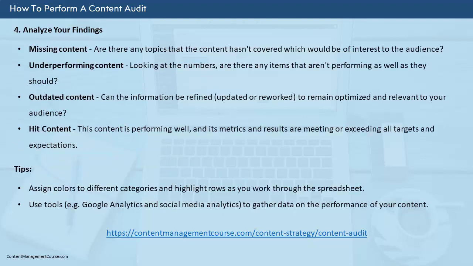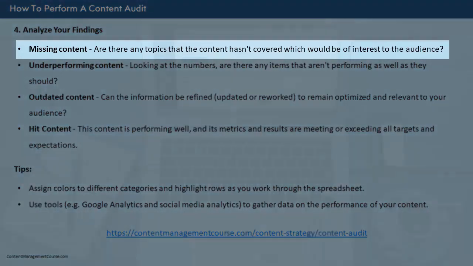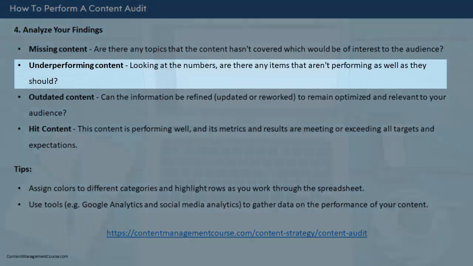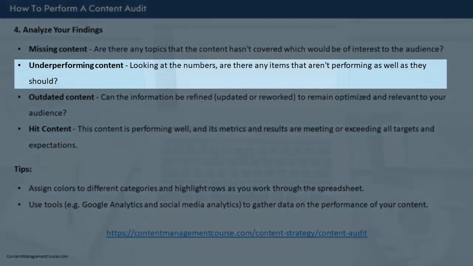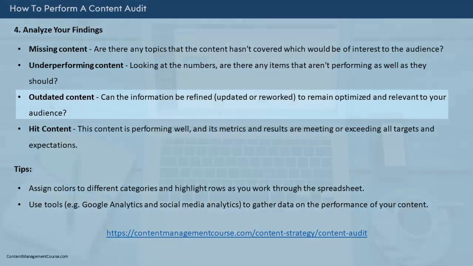And as you analyze your content, you can also record notes about each item to help your team decide what to do with it later on. For example, you can mark items as having missing content. So are there any topics that the content hasn't covered which would be of interest to your audience? Underperforming content. Looking at the numbers, are there any items that aren't performing as well as they should?